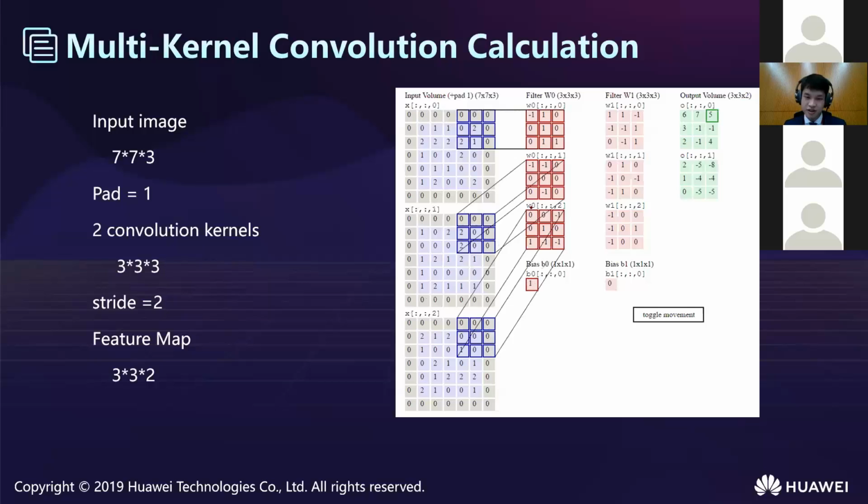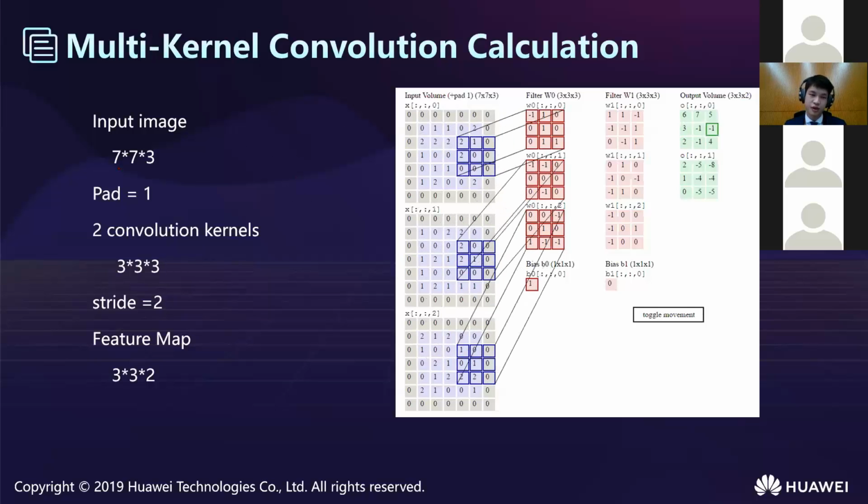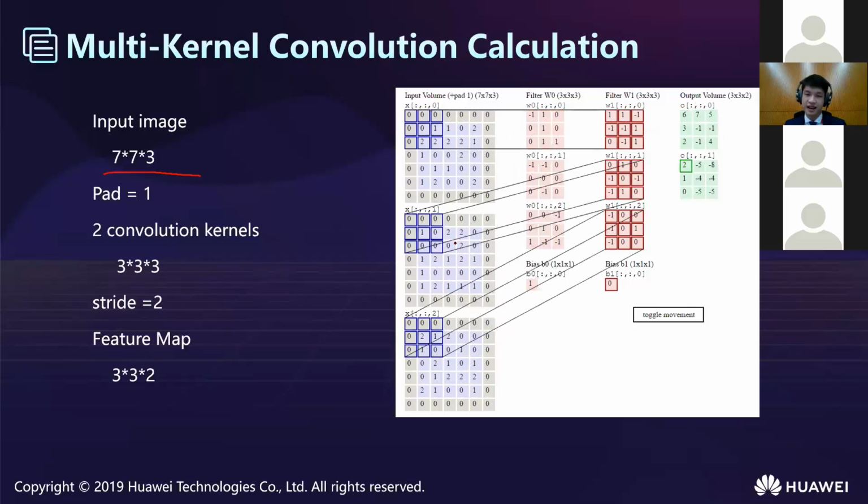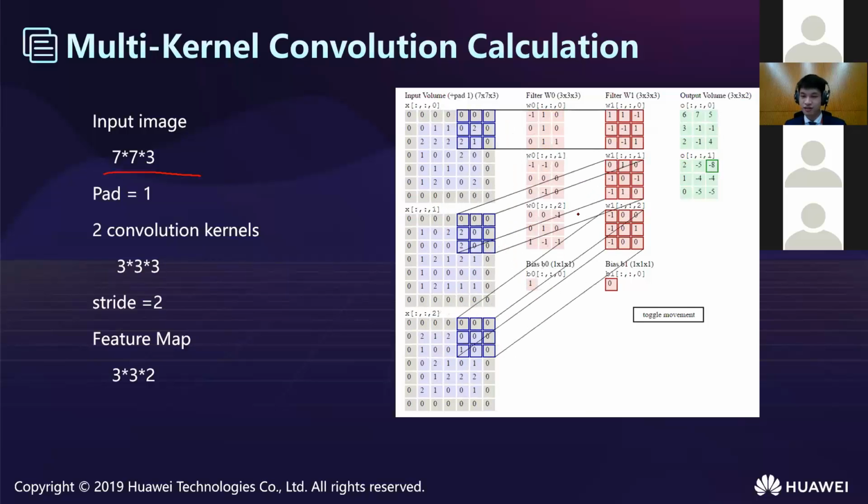But if the image is an RGB image, that means there are 3 channels in the image. And then how to do the convolution?